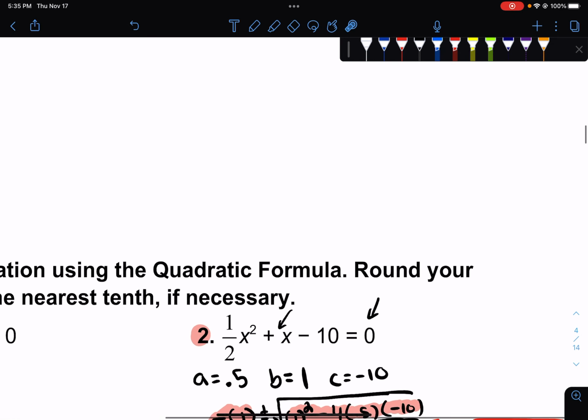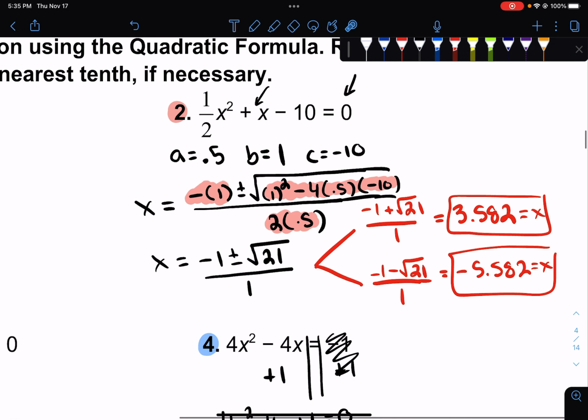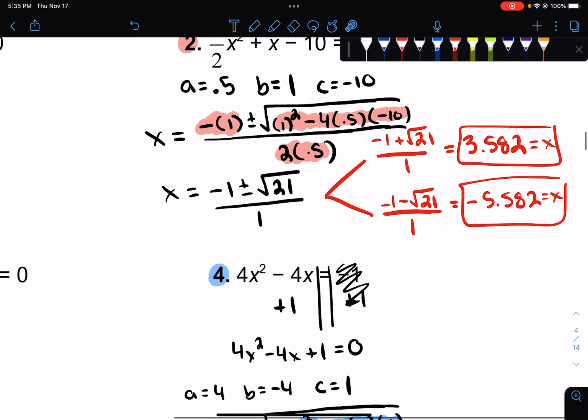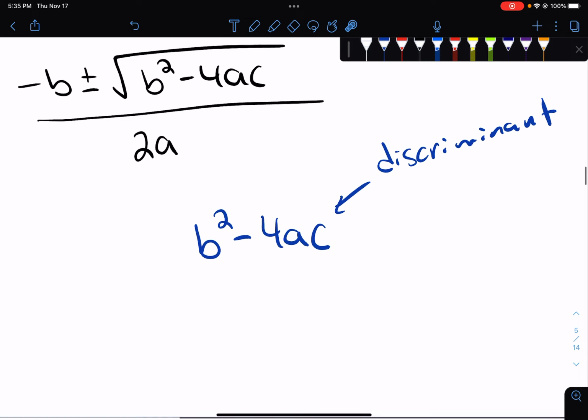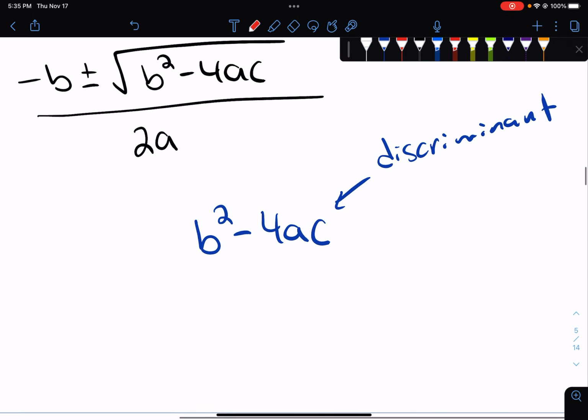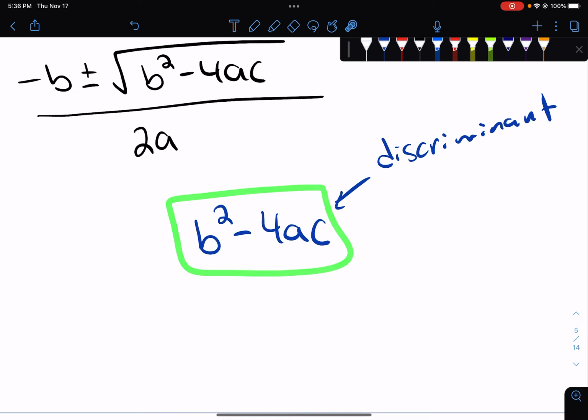And before that one, b squared minus 4ac was a positive 21, and I ended up with 2 different answers. So if on some of the homework questions it asks you how many solutions there are, you don't have to solve the entire equation. All you have to do is look at the discriminant, because that's what tells you how many solutions there are.